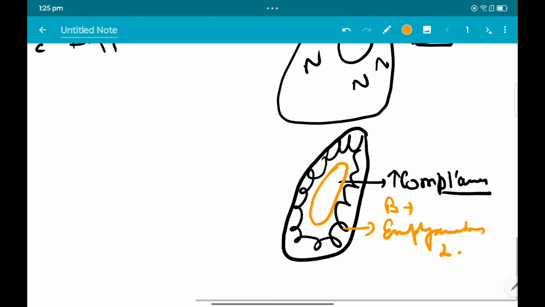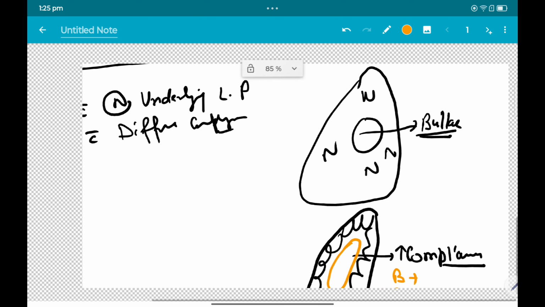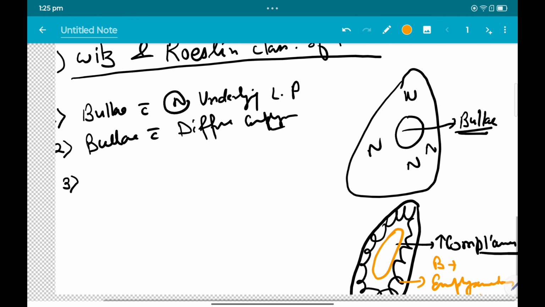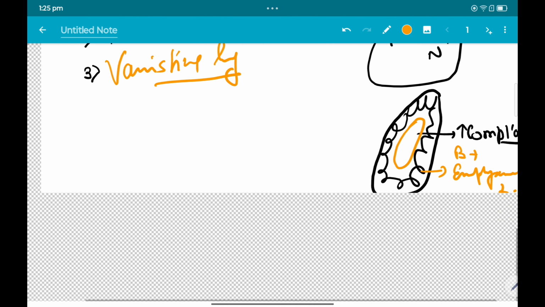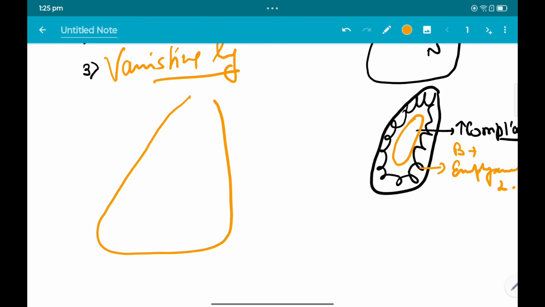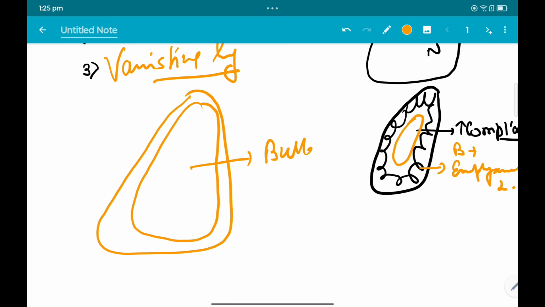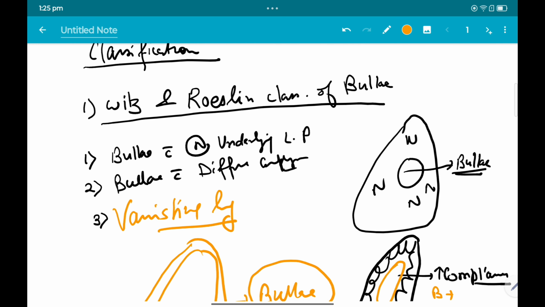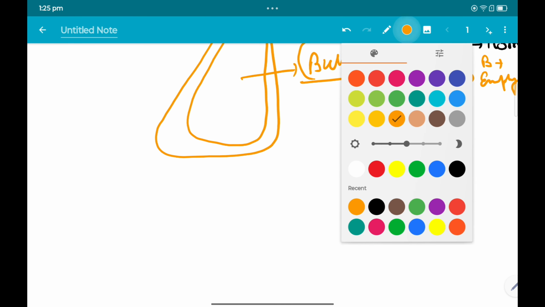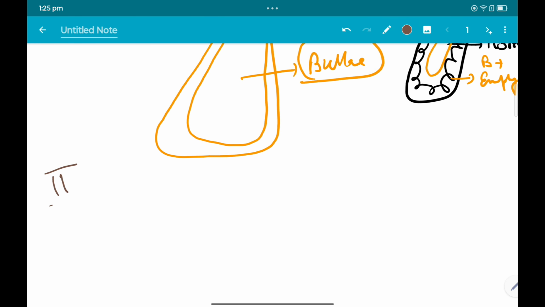Bulla with normal lung is stage 1, bulla with diffuse emphysema is stage 2, and third is the vanishing lung. Okay, vanishing lung, it means the entire lung is replaced by a huge bulla. Okay, so this is the third stage. And what is this classification called? It is called as Wiss and Roslin classification of bulla. Now we have the second classification, which is De Vries and Wolf classification.